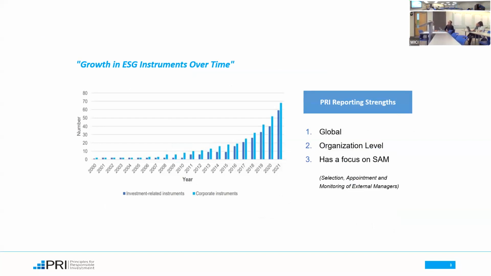PRI used to historically be the main entity that, since around 2009, 2014, has been forcing disclosure on investment managers and asset owners. But there's been a growth. As I mentioned earlier, we've had a strong focus on corporate reporting, but in the last few years, there's been a rising increase across jurisdictions and other frameworks to ask these asset managers and asset owners more about their sustainability.